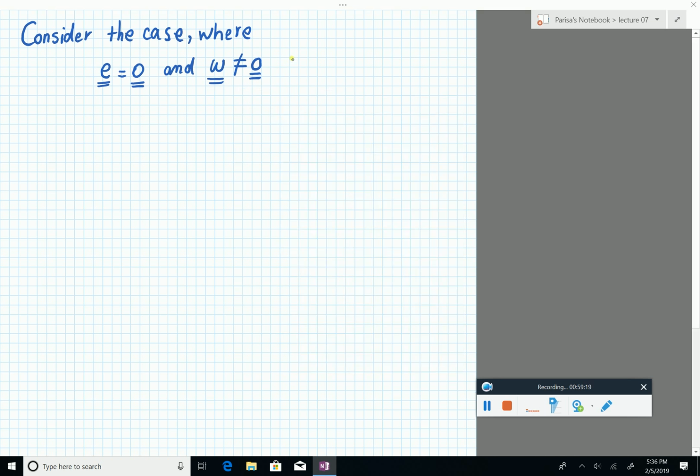So what do we conclude from this? We conclude that the gradient of displacement is just omega. In other words, the gradient of displacement is skew-symmetric, or anti-symmetric.